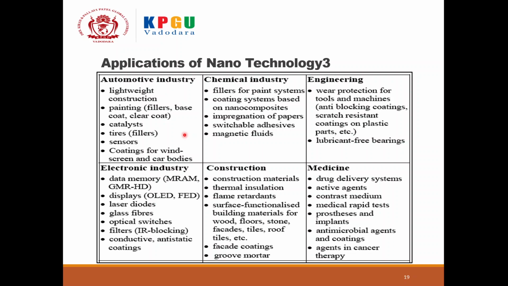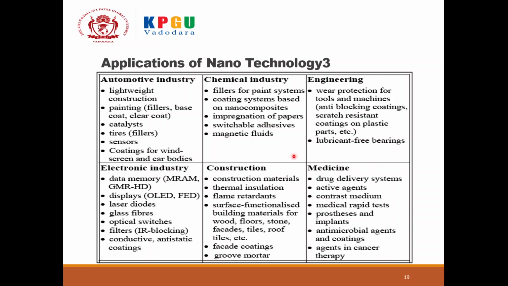Compared to the painting or outer coating of cars of different segments in earlier days, nowadays the latest higher segment car has a specific type of painting which will not allow any dust or water particle to stick on it. So these are all advantages of nanotechnology. It gives you lightweight construction, painting, catalyst, filler, sensor, coating for windscreen and car body, etc.